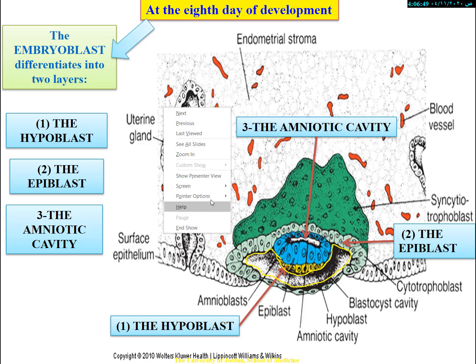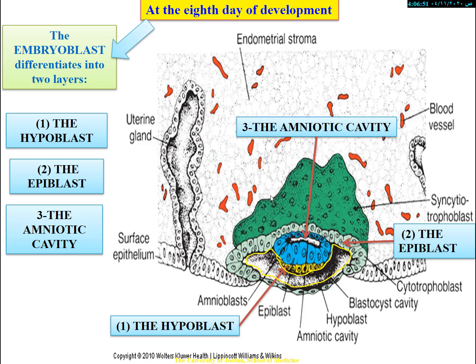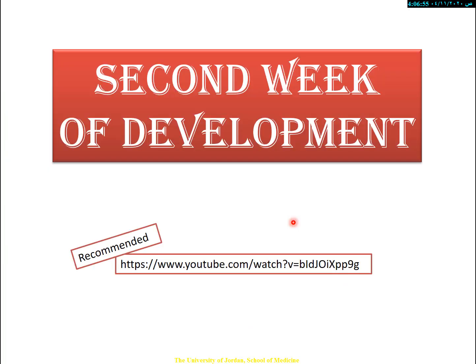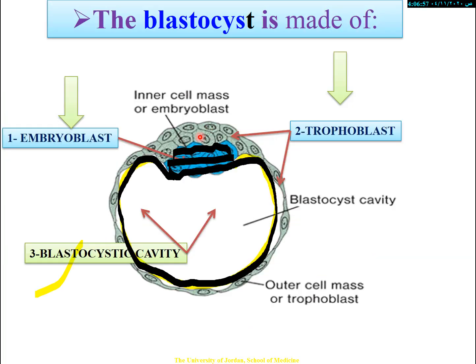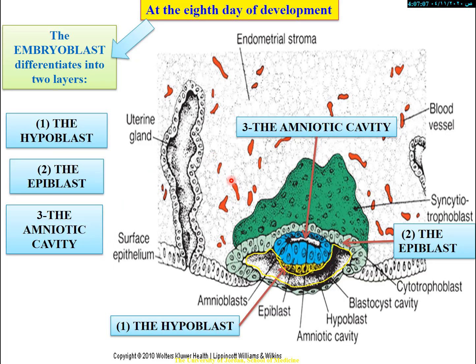From the beginning, I said that this structure here, the whole thing, would divide into two, trophoblast and embryoblast. Now, during the second week of development, the embryoblast would divide into epiblast and hypoblast.